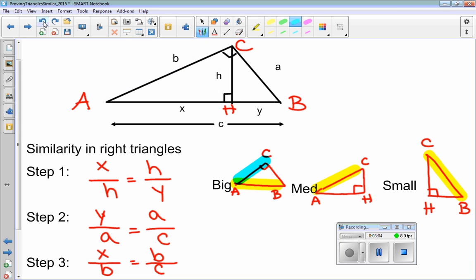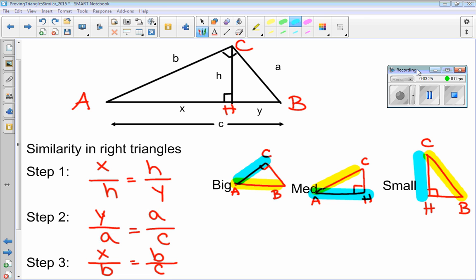AH. Okay, so I'm going to highlight AH. Notice it's rotated, and that's okay. And then how about the little triangle, which is this guy right here, which segment is going to be its longer leg? CH. Okay? There's a reason why I'm having us do that.